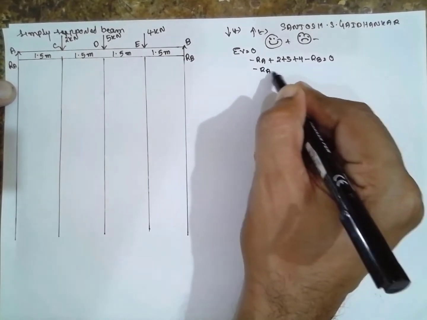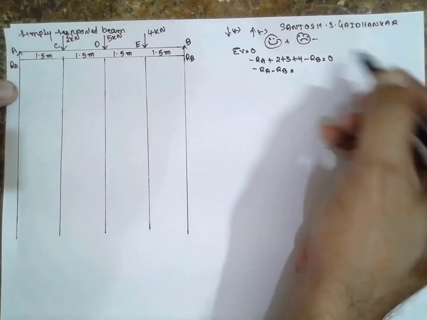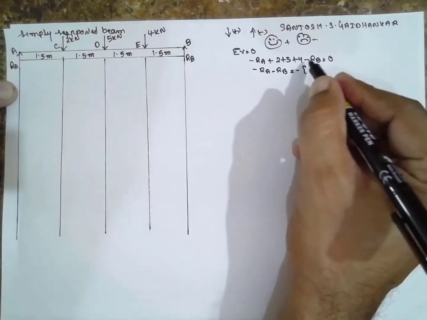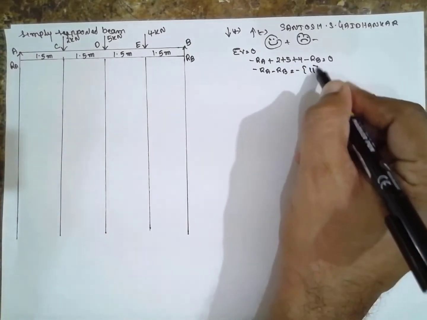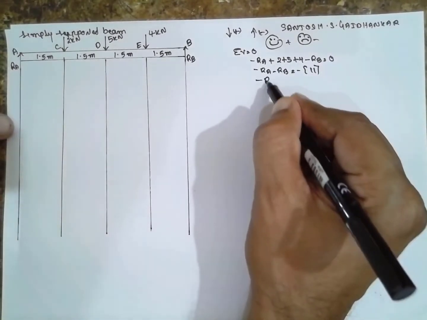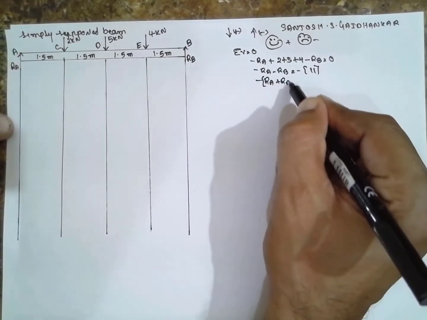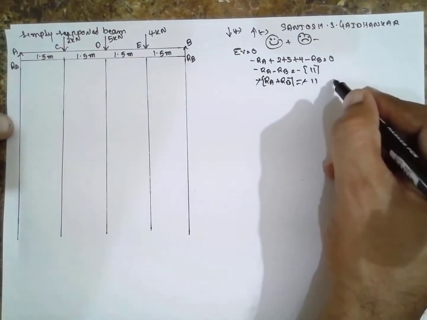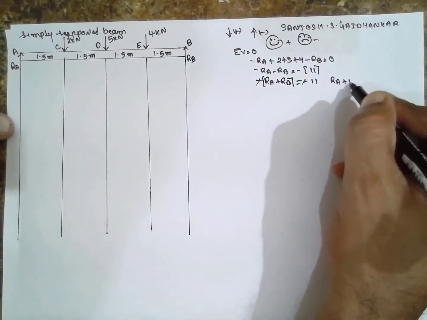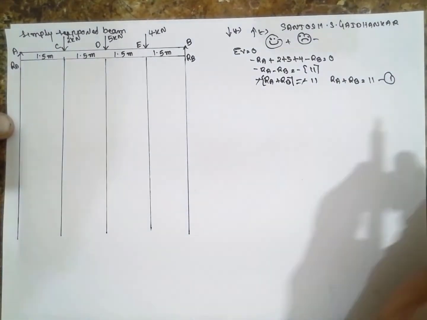Minus RA minus RB is equal to minus 9 minus 2, that is minus 11. Taking minus outside and cancelling, RA plus RB is equal to 11. Equation 1.